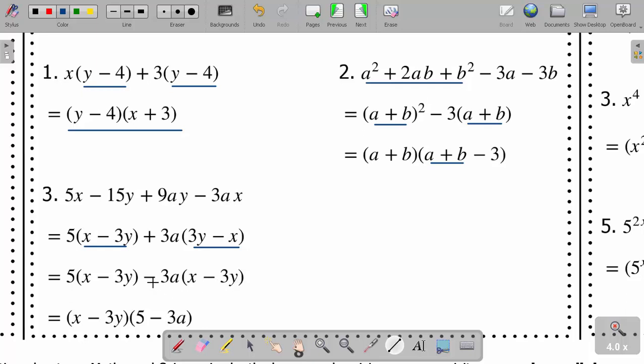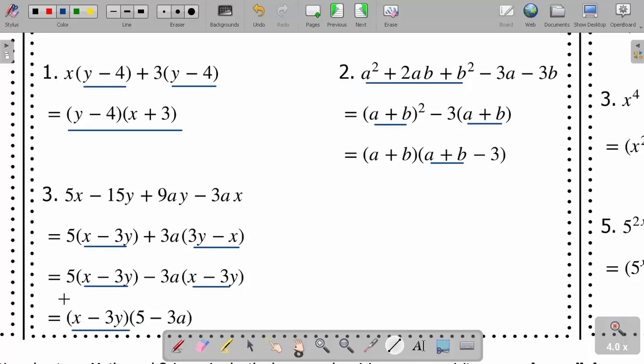Why? Because negative 1 times x gives me back a negative x, and negative 1 times negative 3y gives me back a positive 3y, which means it is correct. Now that I have the same factor, x minus 3y, here as well as here, I can factor it out. That's why it's outside like this.